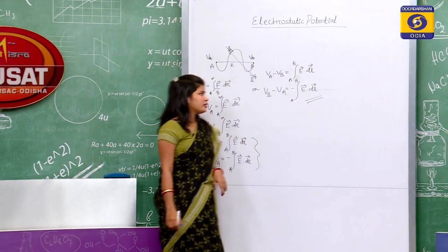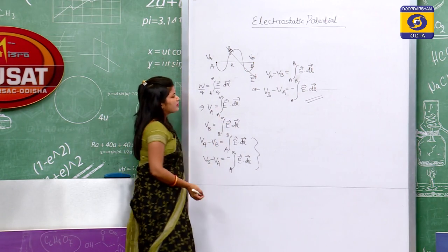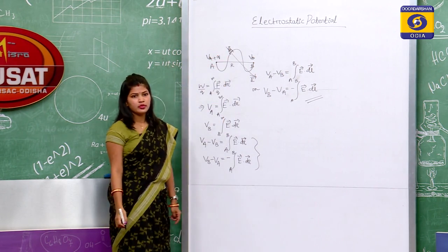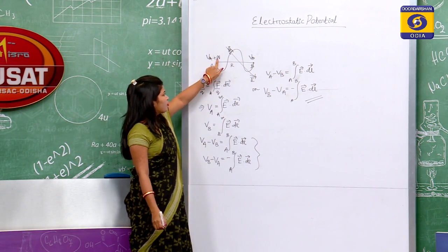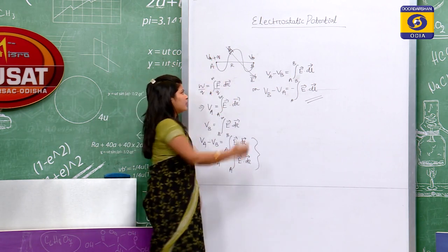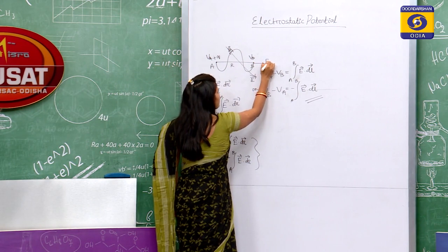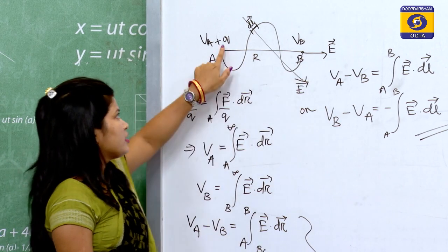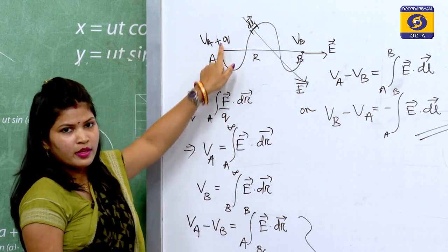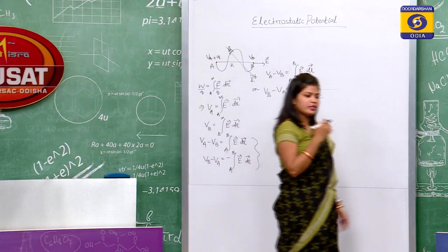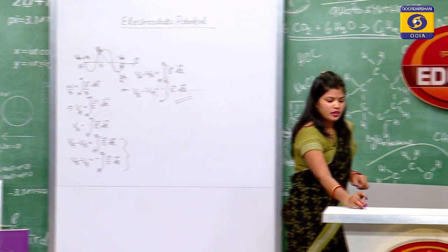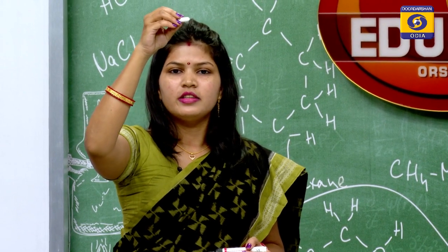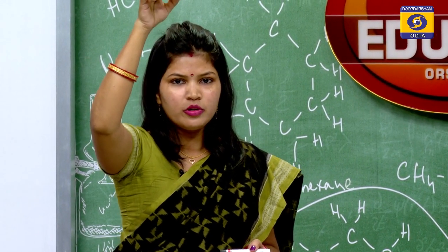You can imagine, suppose a plus q charge is at position A, and this q charge wants to go from A to B, as the electric field is in this direction, that is from higher potential to lower potential, the q charge wants to go. In a gravitational field, the matter, like a chalk here, when I release it with 0 speed, then it goes from higher potential to lower potential.